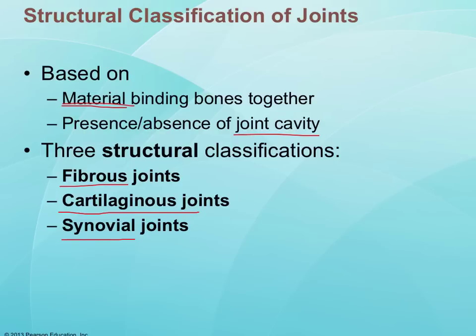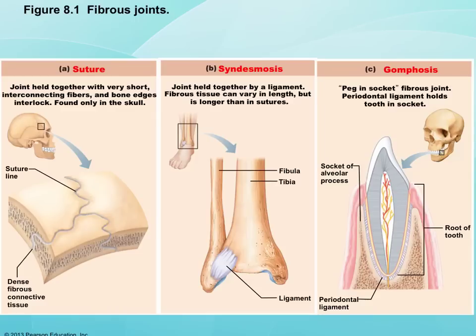But in fact, you need to know further. The fibrous joints bind bones with fibers, and there are three subtypes of fibrous joints. So the suture, we just used it as an example for synarthrosis, the immovable joints, right?